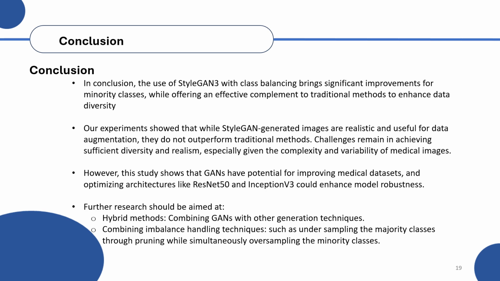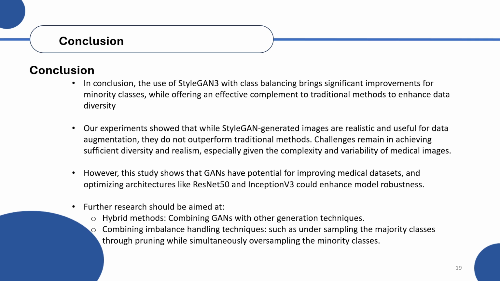Challenges remain in achieving sufficient diversity and realism, especially given the complexity and variability of medical images. However, the study shows that GANs have potential for improving medical datasets, and optimizing architectures like ResNet 50 and Inception V3 could enhance model robustness.